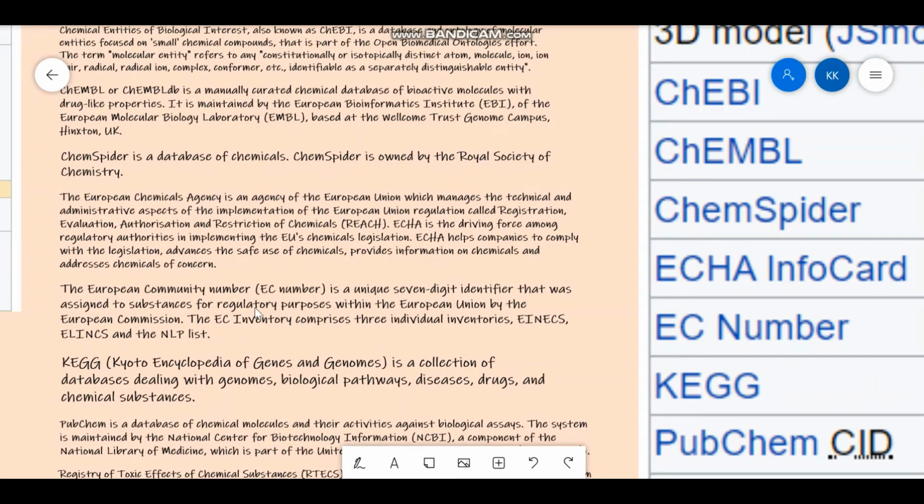Next we have the EC number. The European Community number, EC number, is a unique 7-digit identifier that was assigned to substances for regulatory purposes within the European Union by the European Commission. The EC inventory comprises 3 individual inventories: EINECS, ELINCS, and the NLP list.